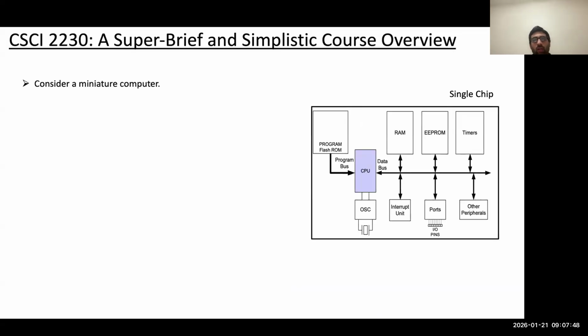To get an idea of what we are going to talk about in the next 4 months almost, consider that you have a miniature computer. When we say miniature computer, we mean you have all the different components needed for any meaningful computation. So you have a CPU.